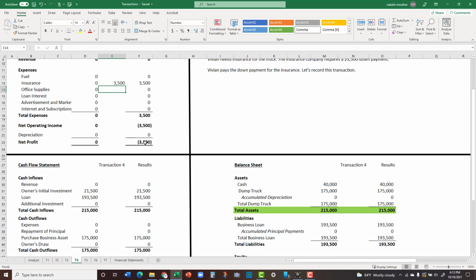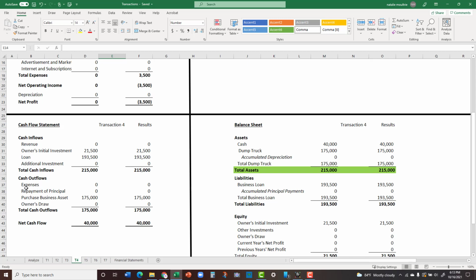Now, this will also impact our cash flow statement because it is an expense that she paid out of the bank account. We also have to record it here on our cash flow statement. All right, so what that did is it reduced our net cash flow to $36,500, so that is what we have in the bank. Now, this will also impact our net profit as well.